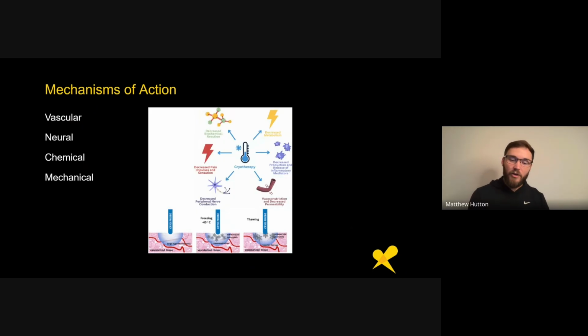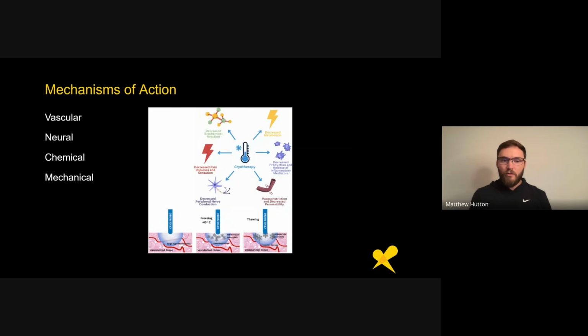Because then some people have argued about this theoretical hunting response, where you actually get this sudden burst of vasodilation in response to cryotherapy. How do you explain that? What is the proposed mechanism of this hunting response? Why is it that cryotherapy is vasoconstrictive to a point, but then all of a sudden it causes vasodilation? I think it's very poorly understood.